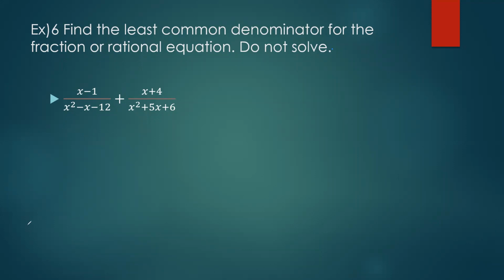We do have to factor it because we have to put it in the most prime form. So let's factor it to find the LCD first. Over here, x squared minus x minus 12, we're going to do simple factoring. So this would be factored out as x and 4 and 3, and this would be negative 4 plus 3.